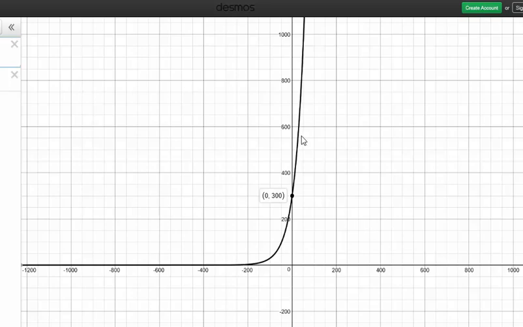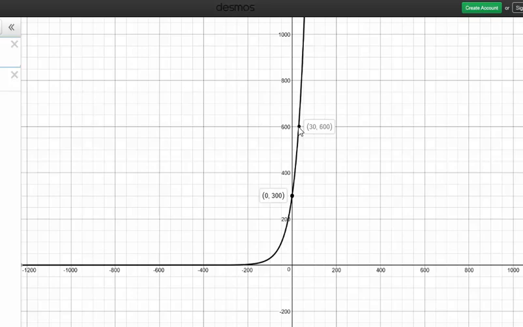As we calculated before, we can see right here in our graph that after 30 days, the bacteria will double and they will become 600.